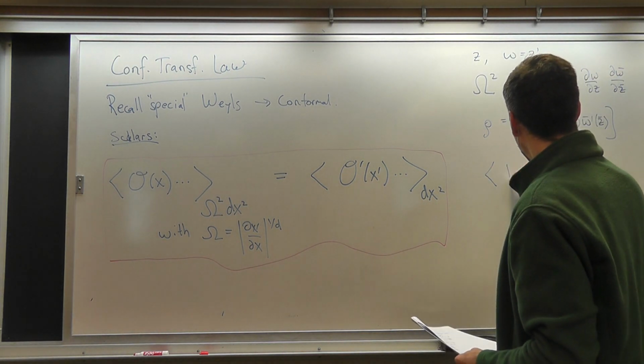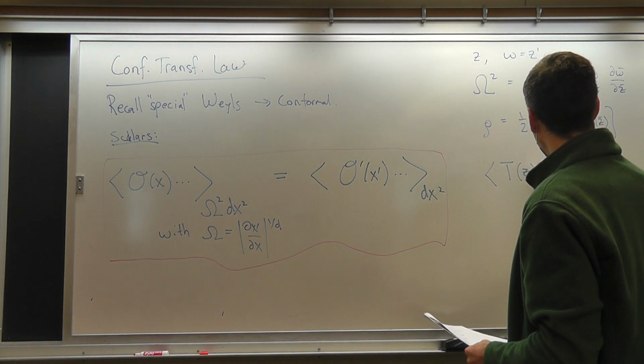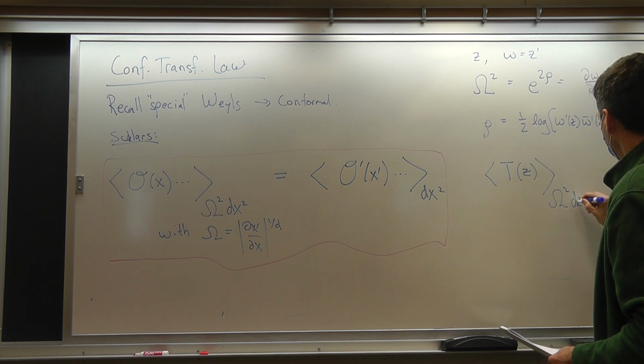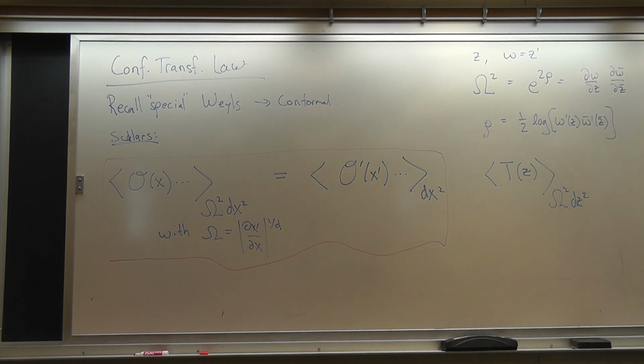So what we just calculated a minute ago was the stress tensor in a Weyl transformed background, and we got c over 6 times d rho squared minus d squared rho.